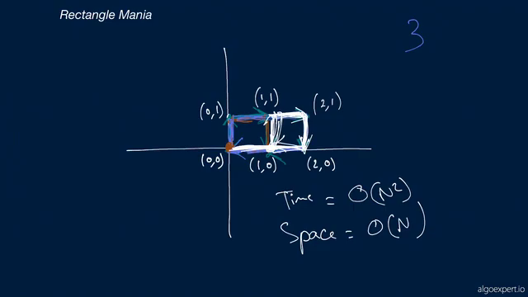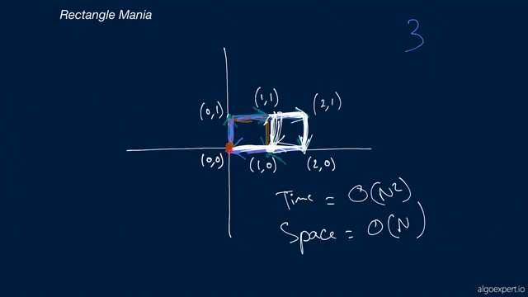Again, we take the same guiding principle of treating every coordinate as the potential bottom left corner, right? If we have a potential bottom left corner, then we know that if this is going to be a real rectangle, there must be a corresponding top right corner, meaning a corner opposite our corner. And what would be a valid top right corner? It would basically be any point in the upper right vicinity of our point.